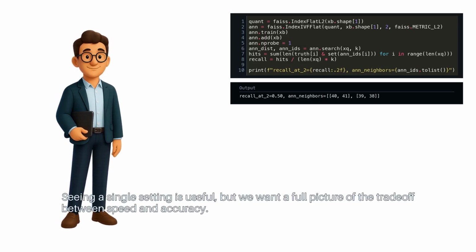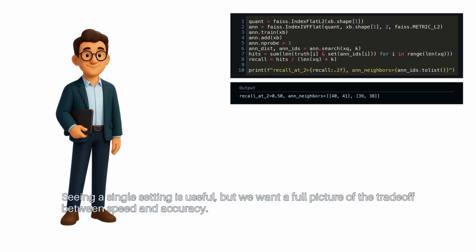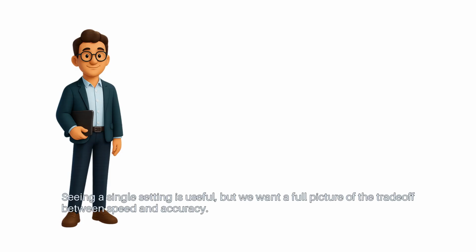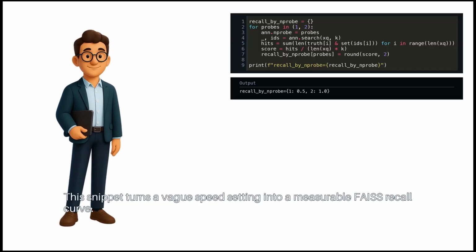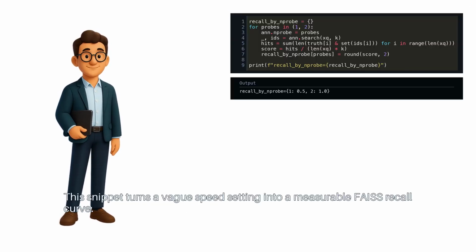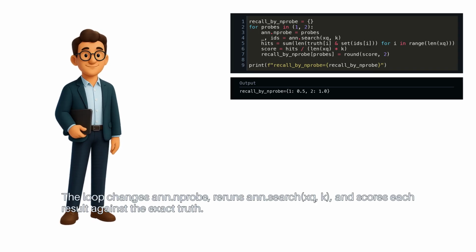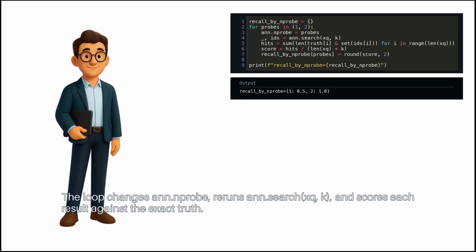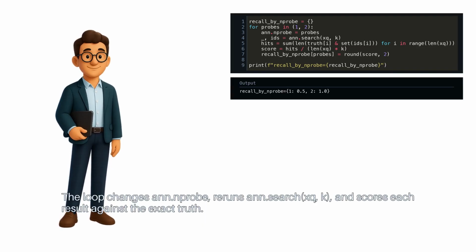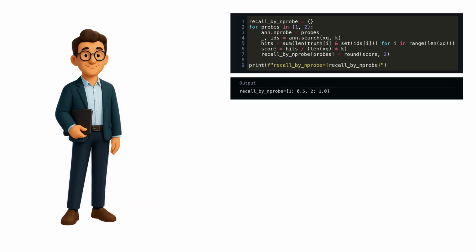Seeing a single setting is useful, but we want a full picture of the trade-off between speed and accuracy. This snippet turns a vague speed setting into a measurable FAISS recall curve. The loop changes nprobe, reruns ANN.search(XQ, K), and scores each result against the exact truth.